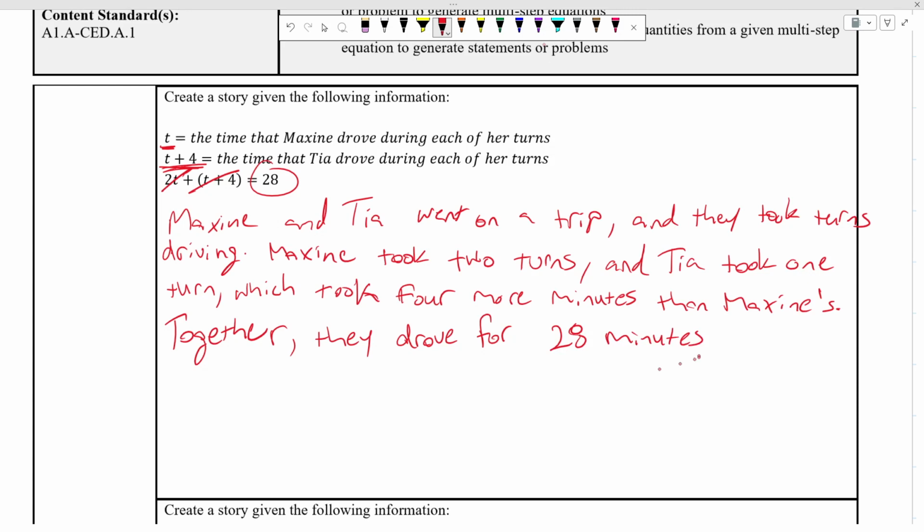That makes sense to me. Here's another phrasing: together, they drove for 28 minutes, right? So there you go.